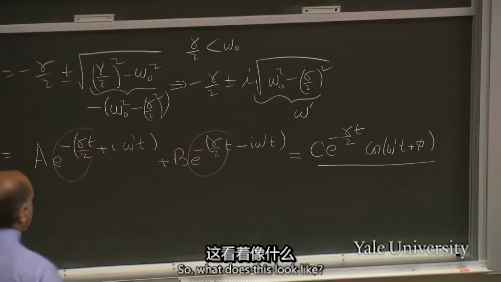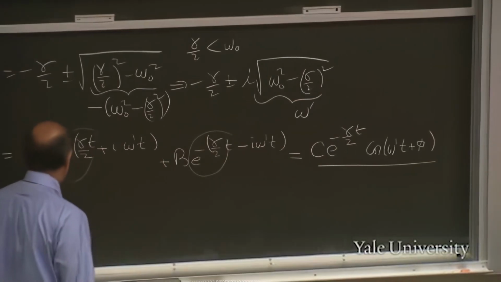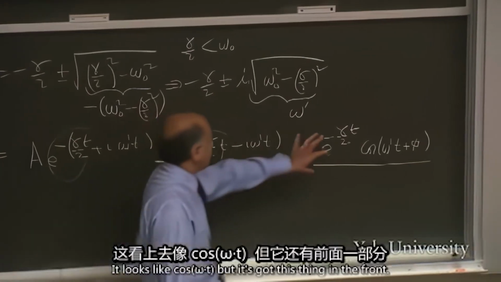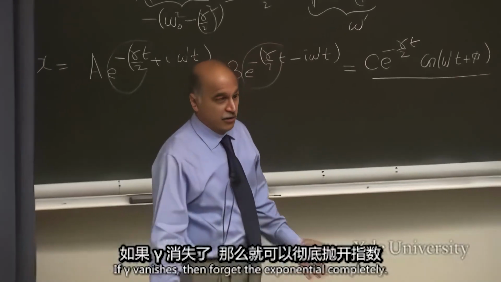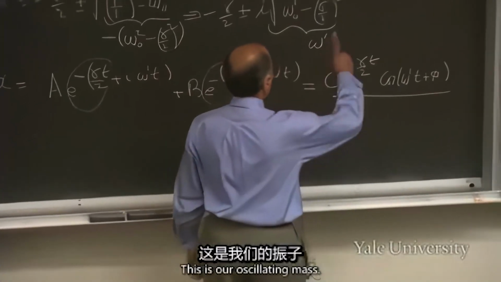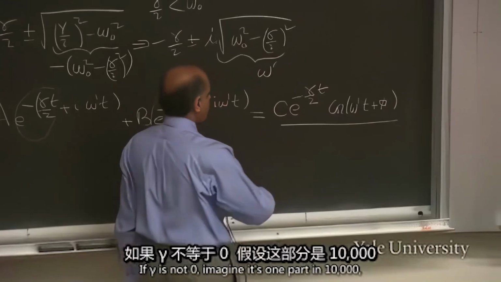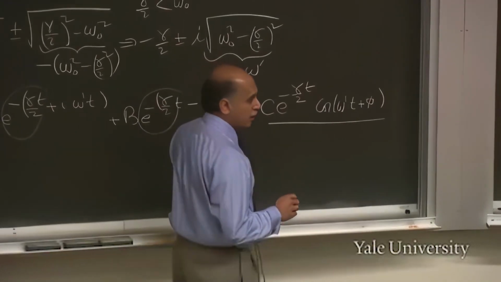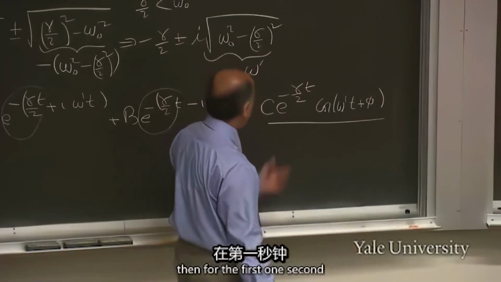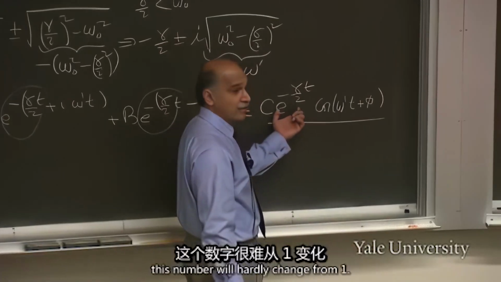So what does this graph look like? It looks like cos omega t, but it's got this thing in the front. If gamma vanishes, then forget the exponential completely. This is our oscillating mass. If gamma is not 0, imagine it's 1 part in 10,000. Then for the first 1 second, this number will hardly change from 1.